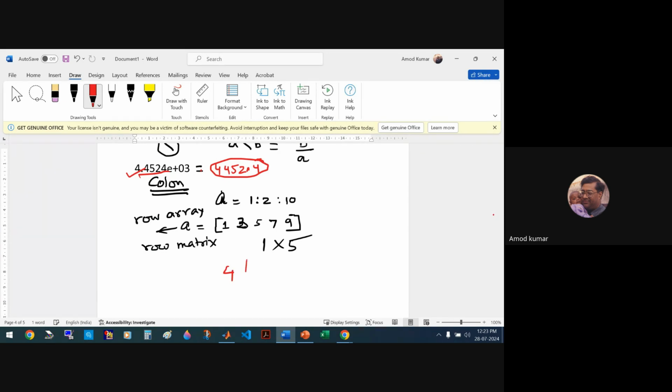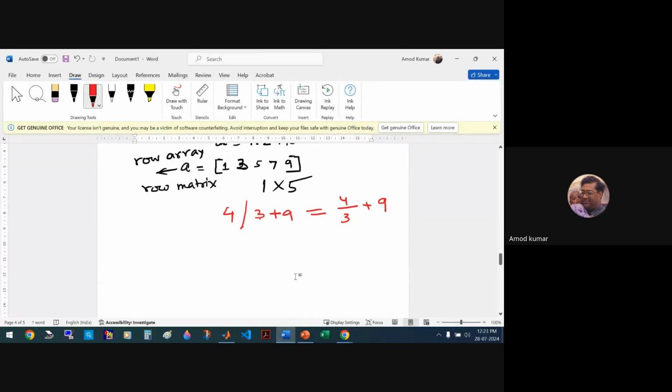Because if you write 4 divided by 3 plus 9, simply, without parentheses, so that will mean 4 by 3, and whatever is the result of 4 by 3, that will get added to 9. This is what it is. According to mathematics, there is a rule of hierarchy for carrying out different operations.